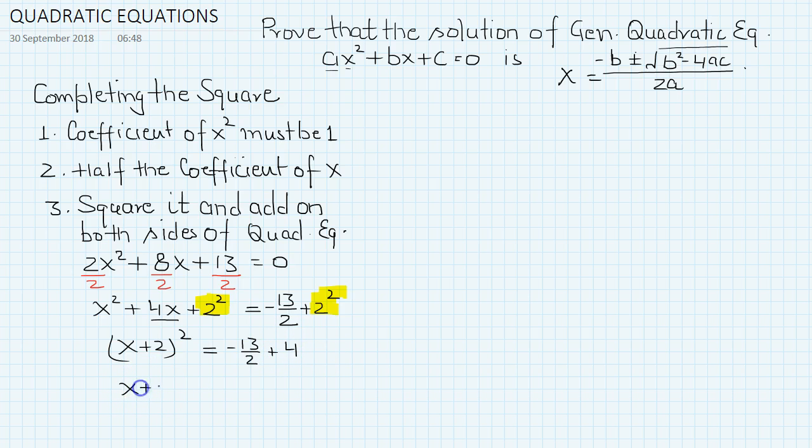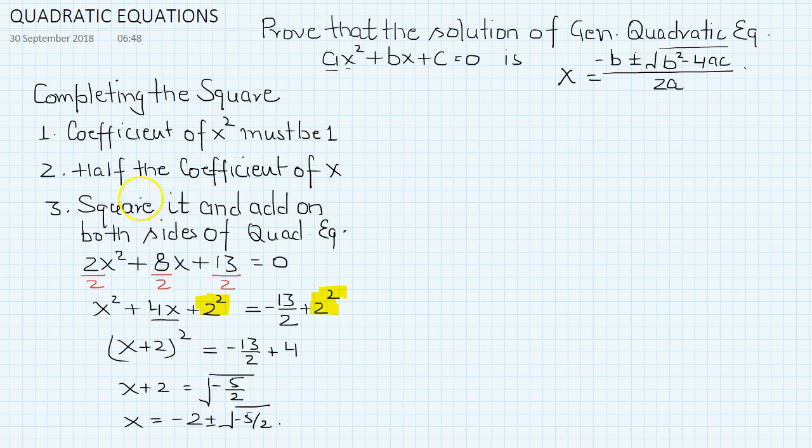So x plus 2 will be equal to, that is 8, so that is negative 5 over 2, under root. This is a complex number, but anyway, so x is equal to minus 2 plus minus root of negative 5 over 2. So that's how we find the value of x.